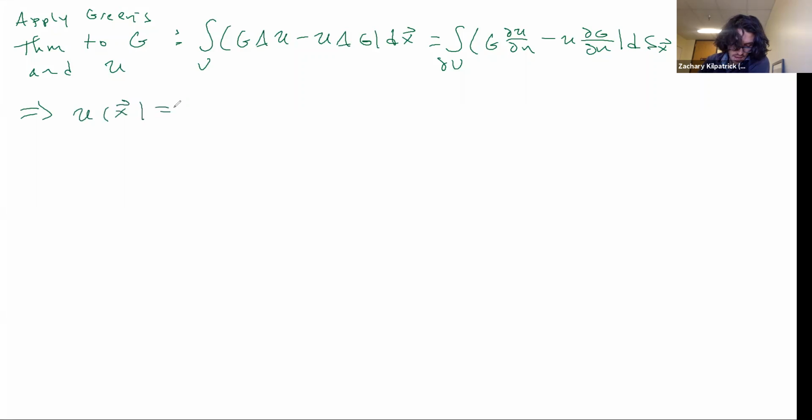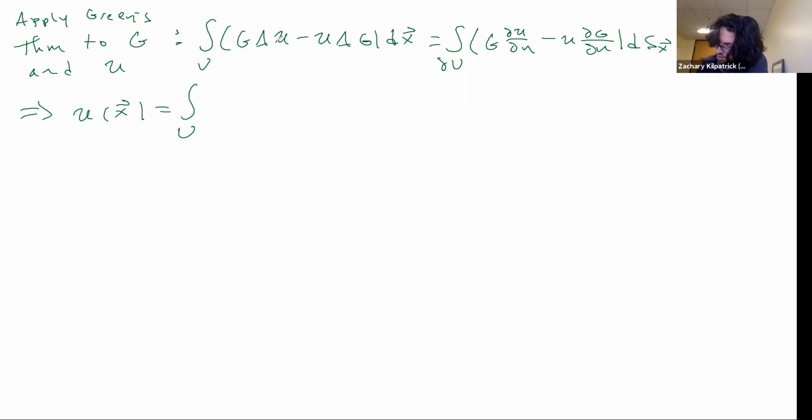And we can rearrange this now and write this as what? Well, this essentially is going to be a delta distribution, right? So we could pull it out and shift it to the other side.